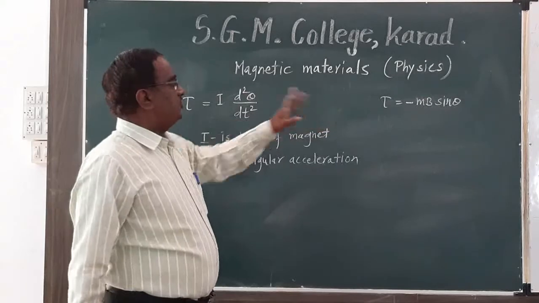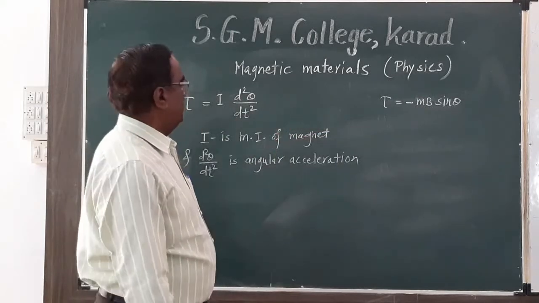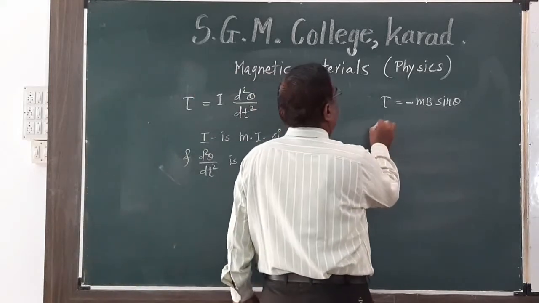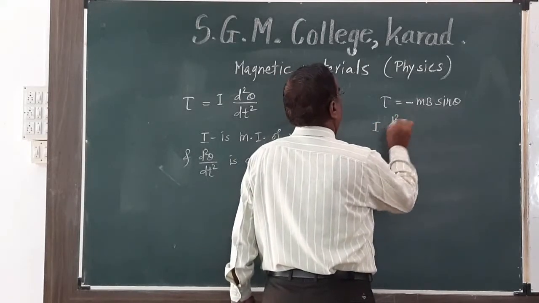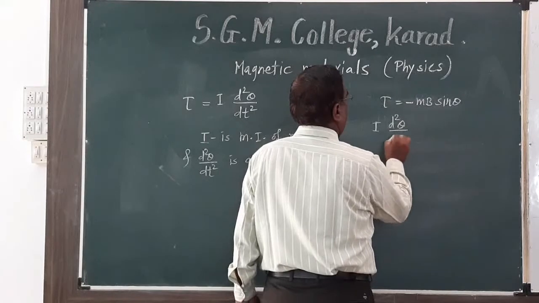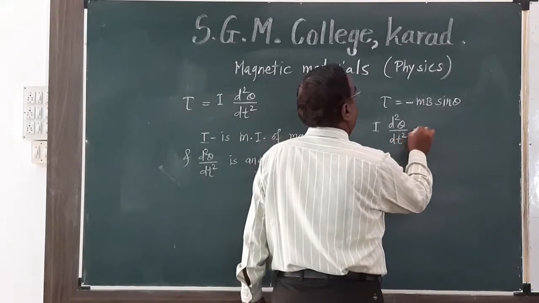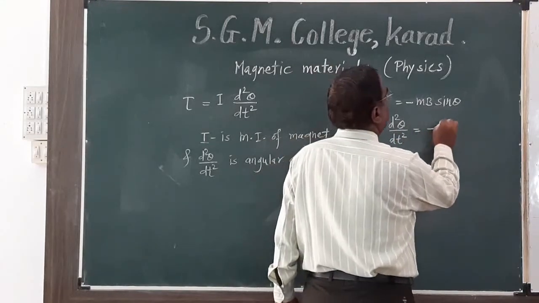Now equating these two equations, we get I d2 theta upon dt square is equal to minus MB sin theta.